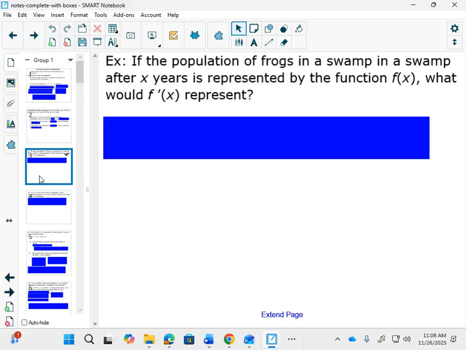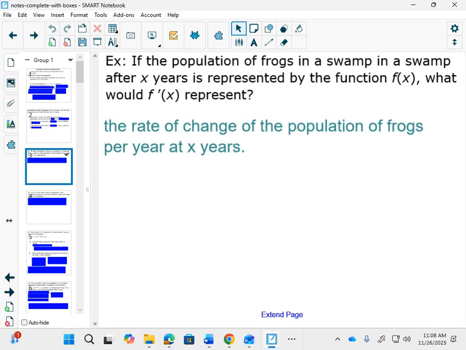And I come up with an equation that represents their population. I make that function f of x. And I'm like, oh, I just learned calculus. I could take the derivative of this equation. What would it mean? Well, a derivative is a slope. A slope is a rate of change.